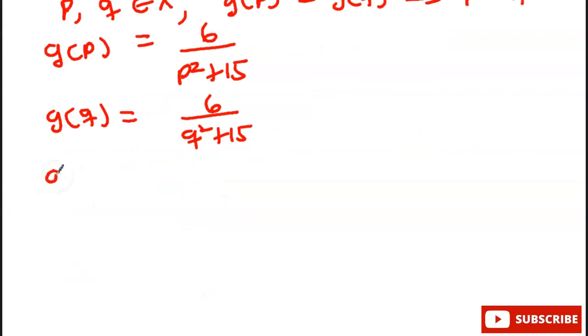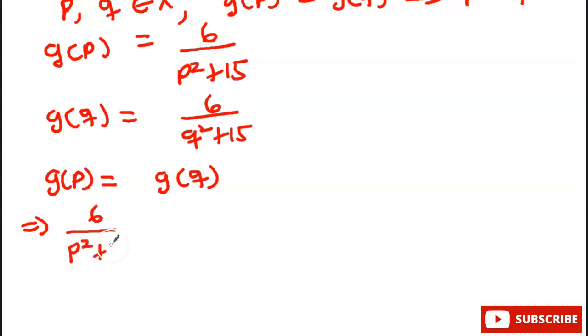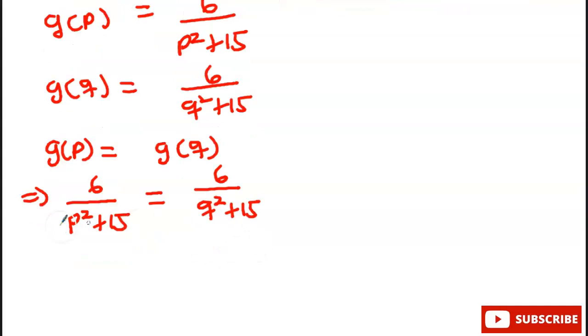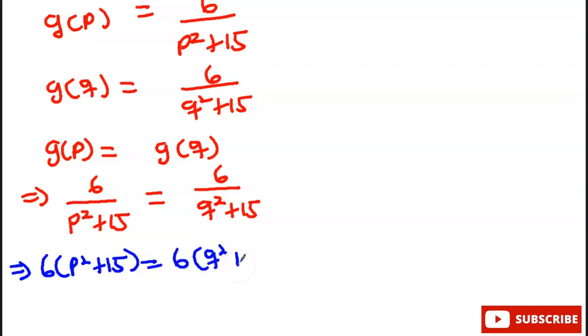So g of P is equal to g of Q. So this implies that 6 on P squared plus 15 is equal to 6 on Q squared plus 15. So let's cross multiply. When you cross multiply, we have 6 times P squared plus 15 is equal to 6 times Q squared plus 15.